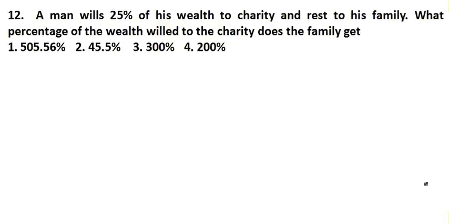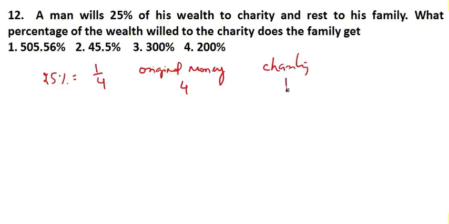Fine. So look guys, we know that 25% is 1 by 4. Suppose initially he has 4 rupees, then on charity he gave 1, and the remainder he gave to family.